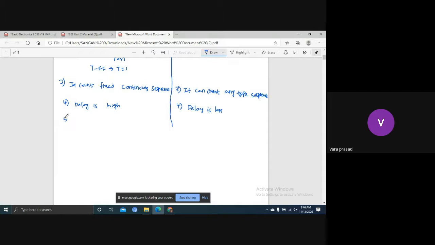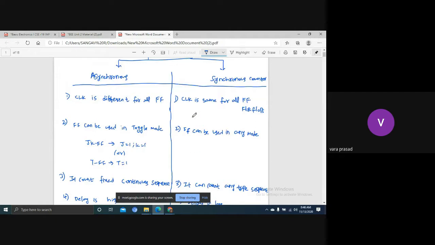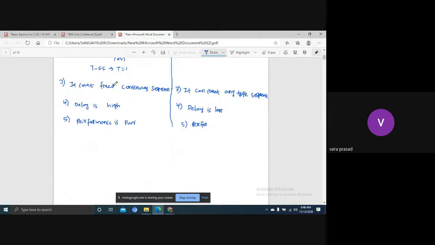Next one: performance is poor or low. Which one is this? This is synchronous and this is asynchronous. Please keep it in mind.